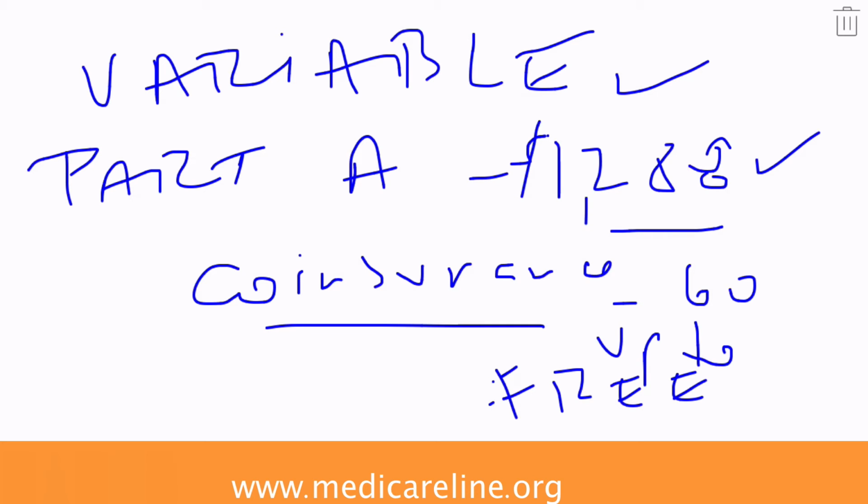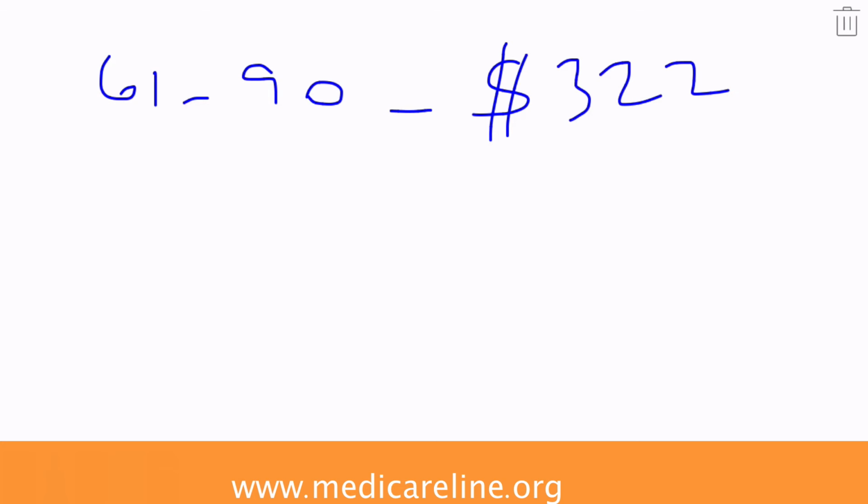If it's past 60 days, which is highly unlikely, if you have to be in the hospital for more than 60 days, 61 days to 90 days, then the cost can go up a lot. For 61 to 90 days, you're looking at $322, and that is per day. So this is a very, very high variable cost, $322 per day.